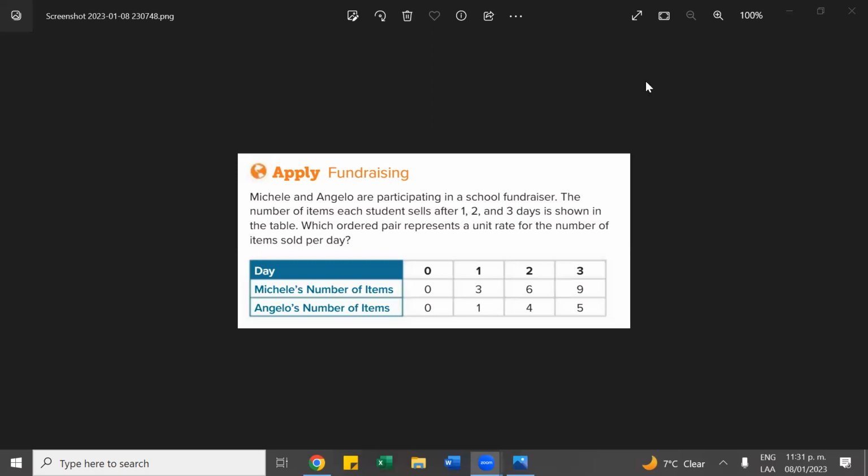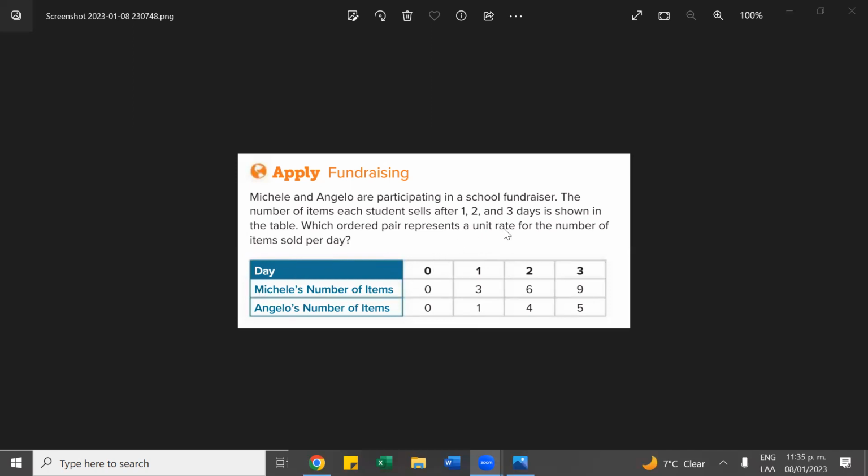The first thing we need to do is to find out if the lines for these tables, for this data, will be a proportional or non-proportional relationship line. If we see Michelle's line, in 0 is 0, in 1 is 3, in 2 should be 6, in 3 should be 9. If we see Angelo's, 1 is 1, but 2 it's 4, and 3 is 5. So it does not grow in a proportional relationship. So that means that we're going to use Michelle's numbers.